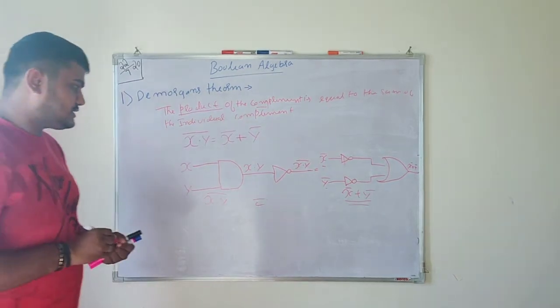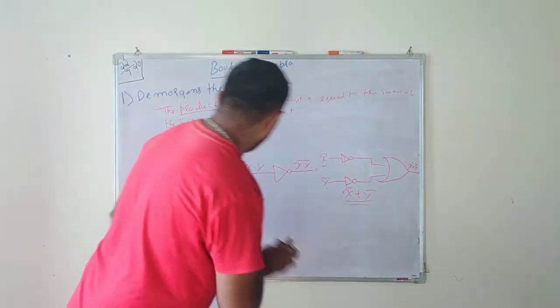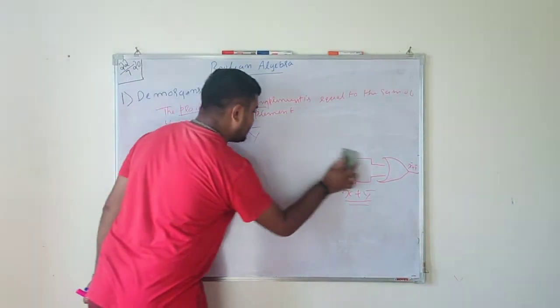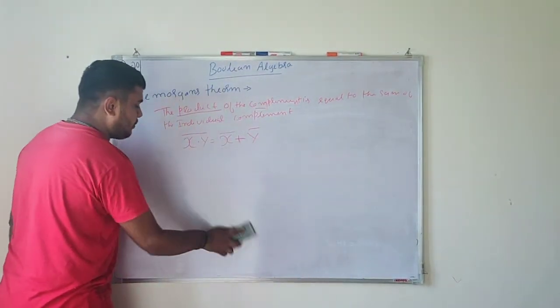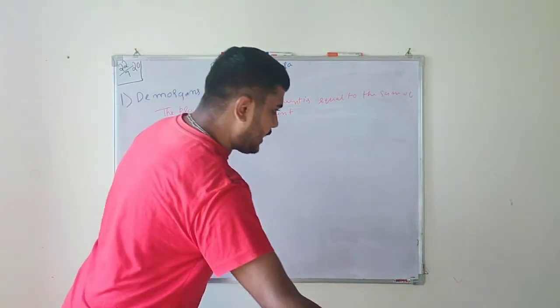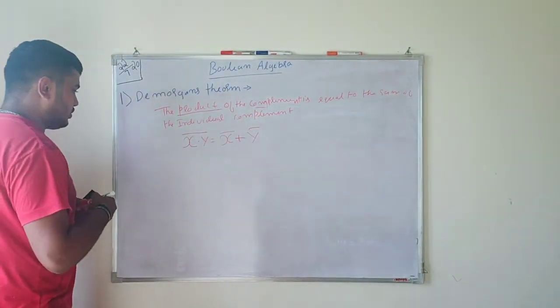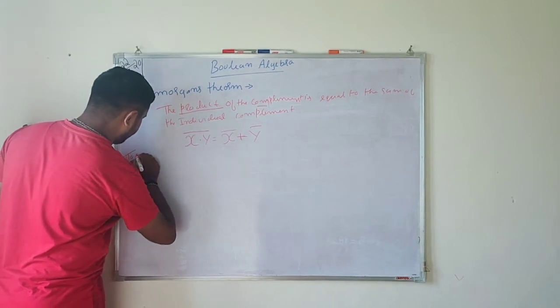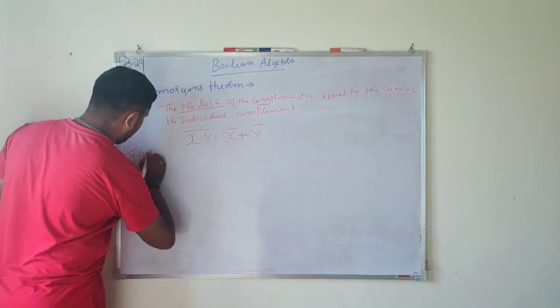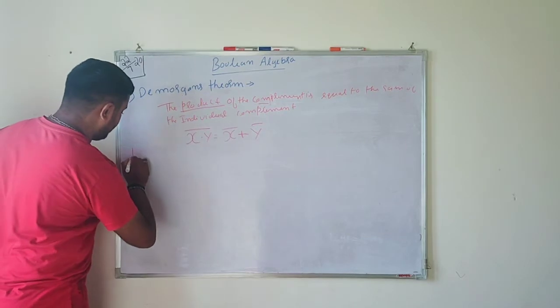So let us prove this theorem. How do we prove this theorem? Previously for De Morgan's first law we used the complement rule, and here again we are going to use the complement rule itself.